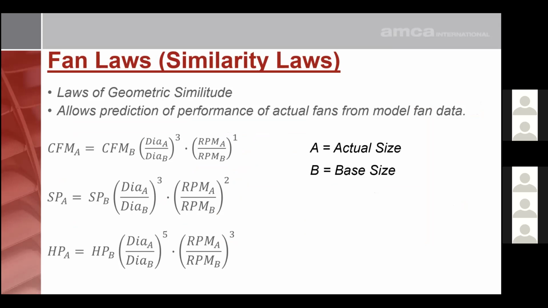Fan manufacturers have what we call unit curves, and they use that unit curve and the specific speed to decide how big and how fast the fan needs to run to achieve the required performance. These rules allow the manufacturer to estimate what that size will be.